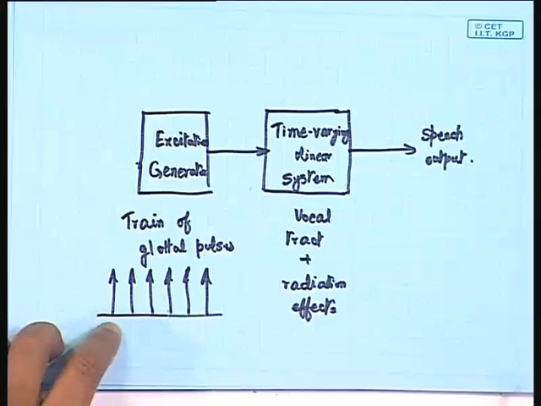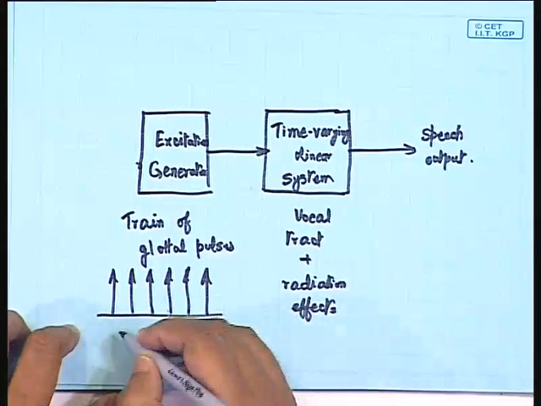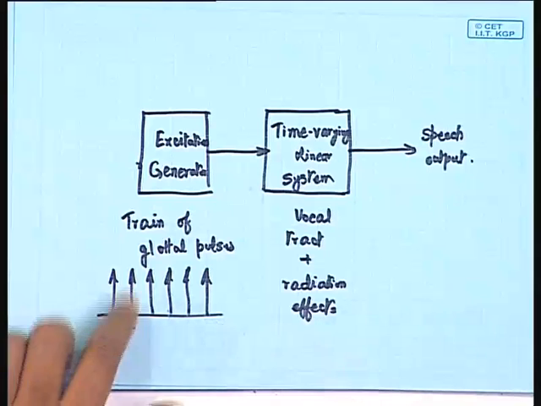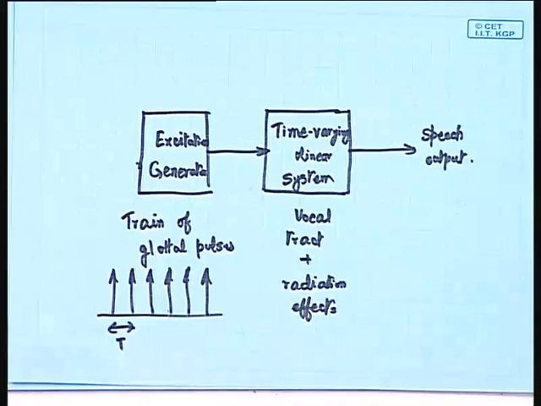So, if you have a time period t, and the train of pulses are repeating after a time t, then 1 upon t is the frequency that you can say as the pitch frequency.